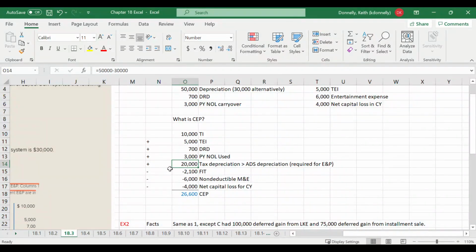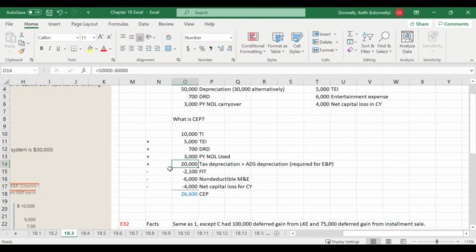Likewise, we know in this case that on our depreciation, we have some excess depreciation. Again, I'm not going to ask you to calculate the amount of depreciation. That's like a tax one idea. But the idea here is that if tax depreciation exceeds the amount of depreciation for E&P, namely the alternative depreciation system, then we're going to have an add back here.